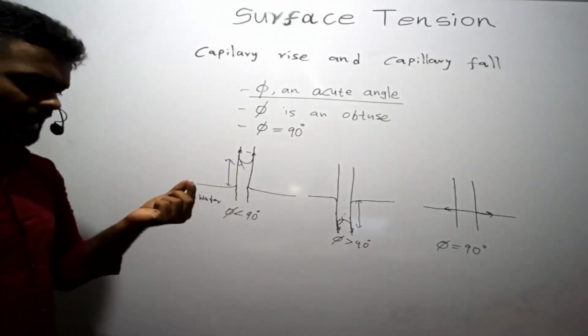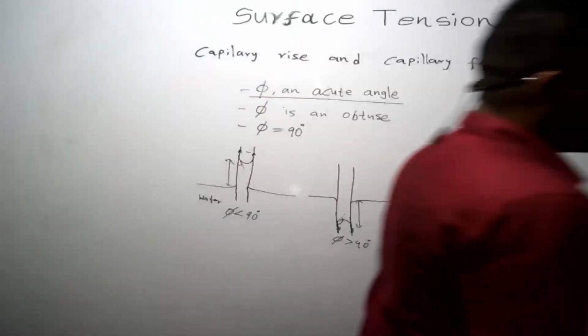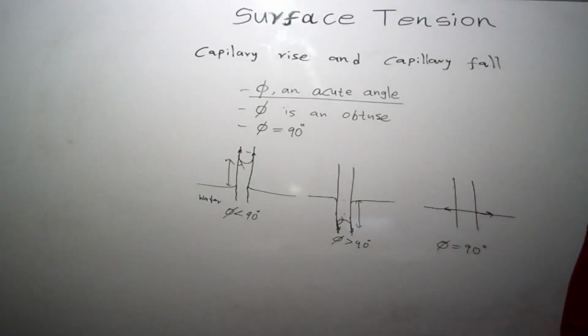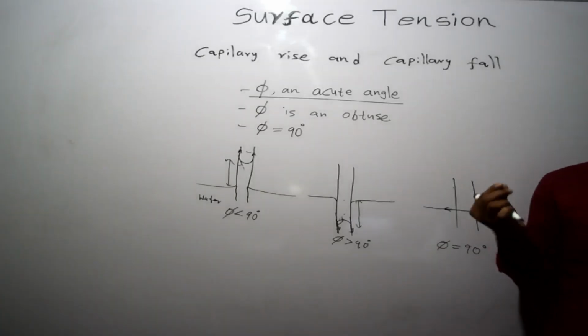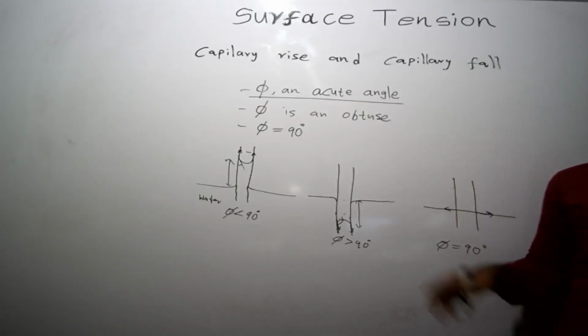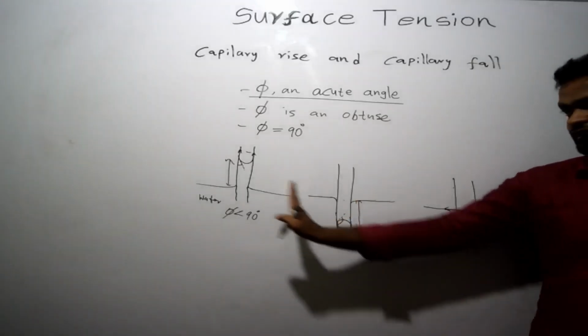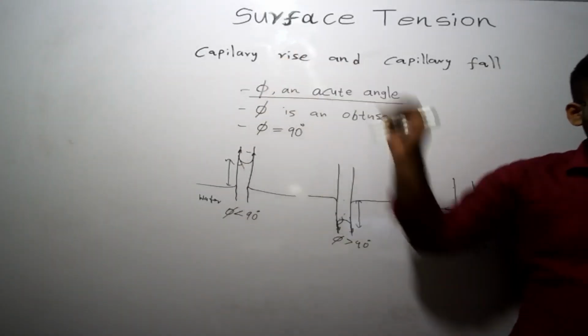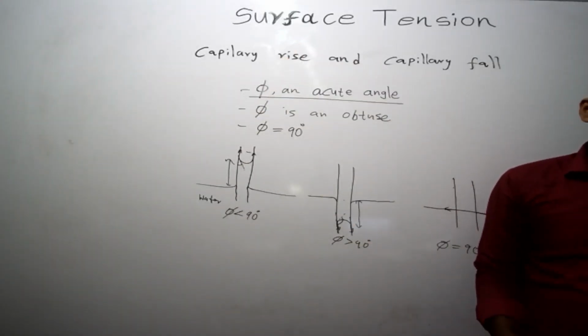So what are they called? Capillary tubes or something, right? In trees. Those tubes are actually, the radius is really minuscule. You can only see them using a microscope. So the capillary rise is going to be very large in trees.